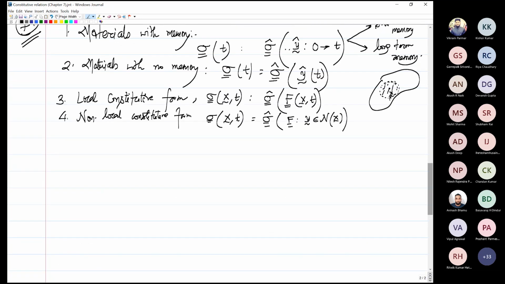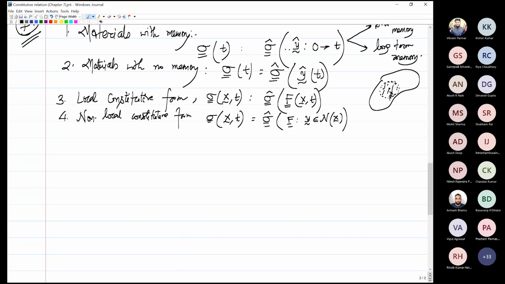Next, we'll just give an illustration. It's a warm-up to a more general theory that we will perhaps cover in the next lecture. Today, we are going to illustrate how, whatever we said above, the second law of thermodynamics indeed puts restriction on the constitutive form.